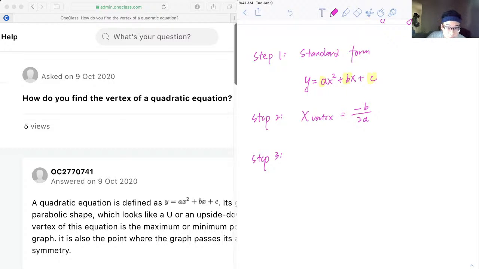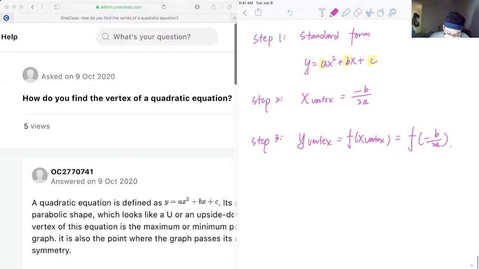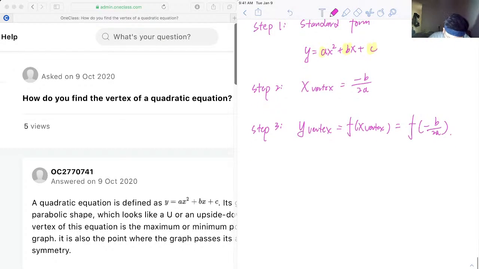And next, step 3, we just need to substitute the result from step 2 into the function. So y vertex will be equal to f of x vertex, which is equal to f of negative b over 2a. Okay, and after solving this 3rd step, we will have the x vertex and a y vertex.